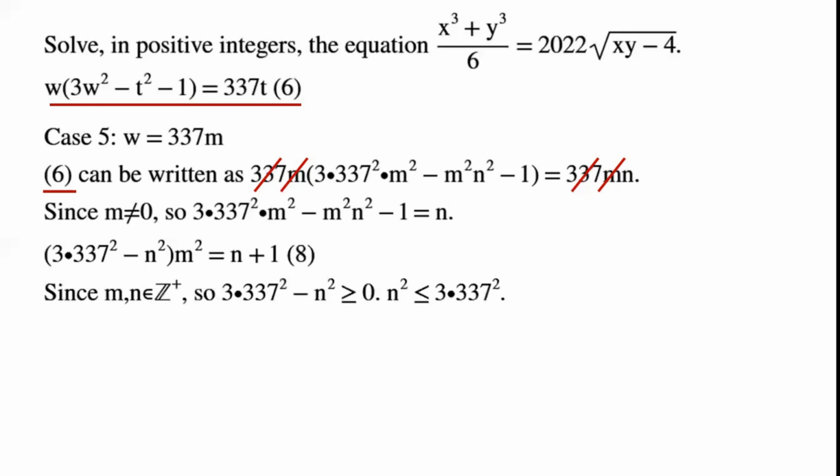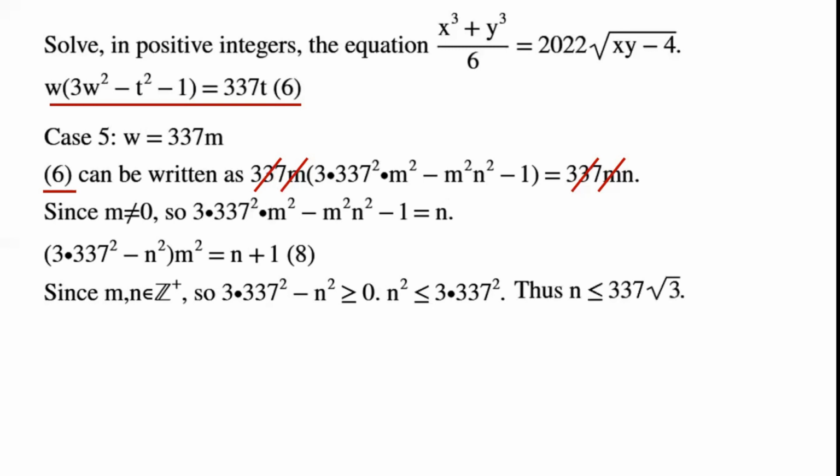Since m, n are positive integers, so 3 times 337 squared minus n squared is greater than or equal to 0. So n squared is less than or equal to 3 times 337 squared.